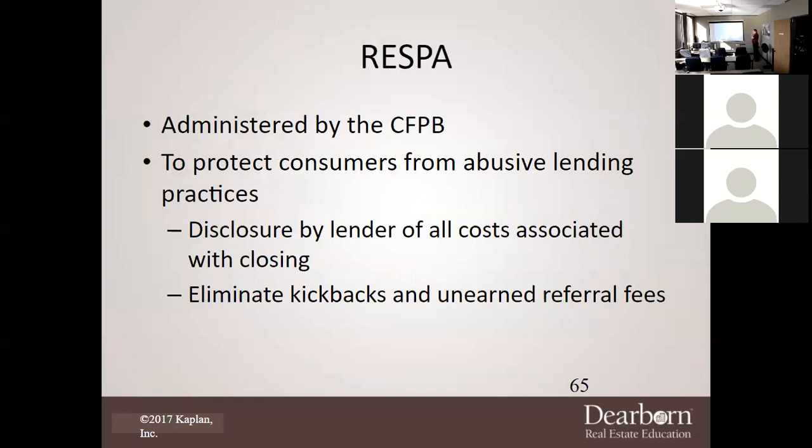Now, RESPA is also administered by the CFPB, and it's to protect consumers from what's called abusive lending practices. It requires the lender to disclose all costs associated with the closing, and it has to eliminate kickbacks and unearned referral fees.